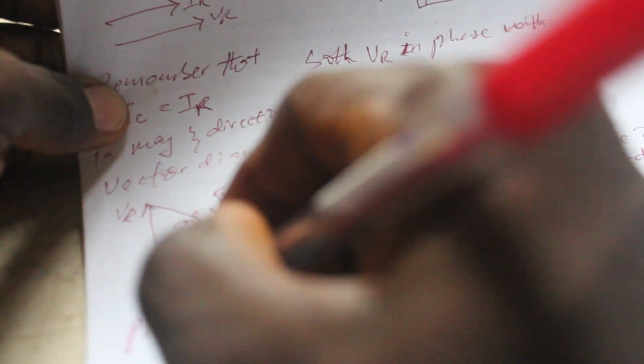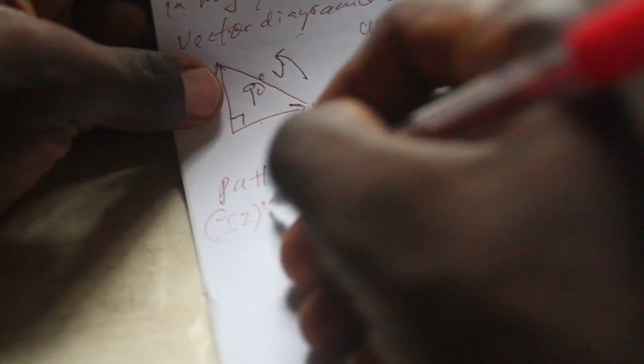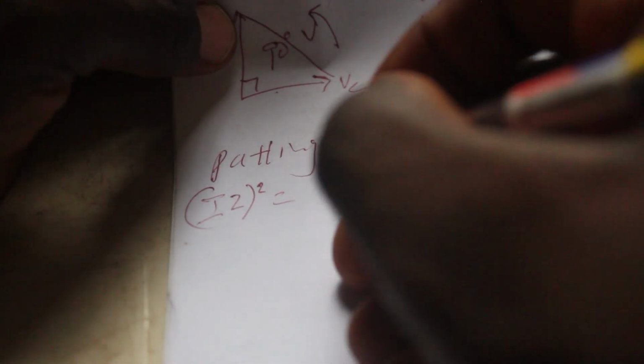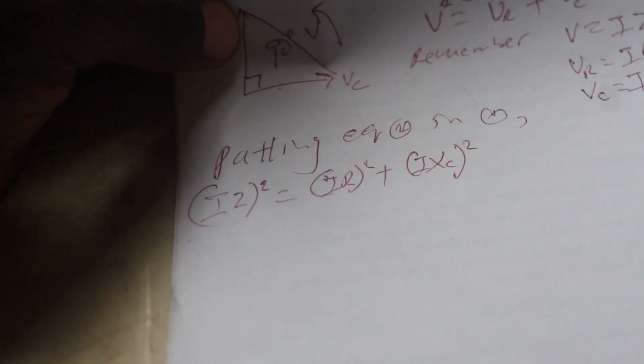So now putting equation 2 in 1, we have IZ squared is equal to IR squared plus IXC squared.